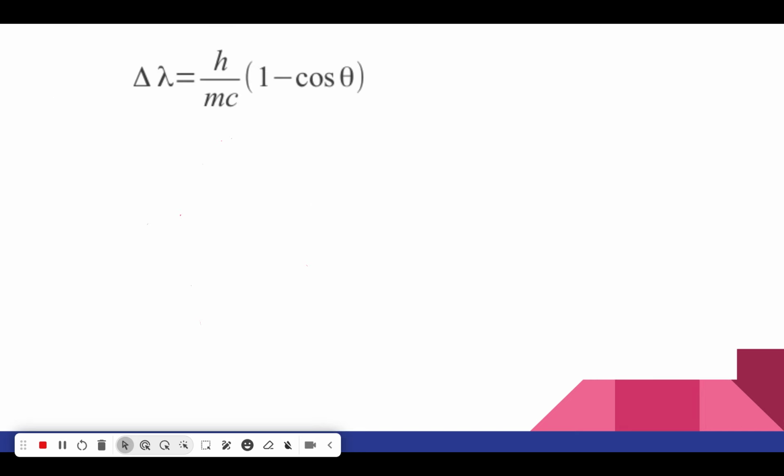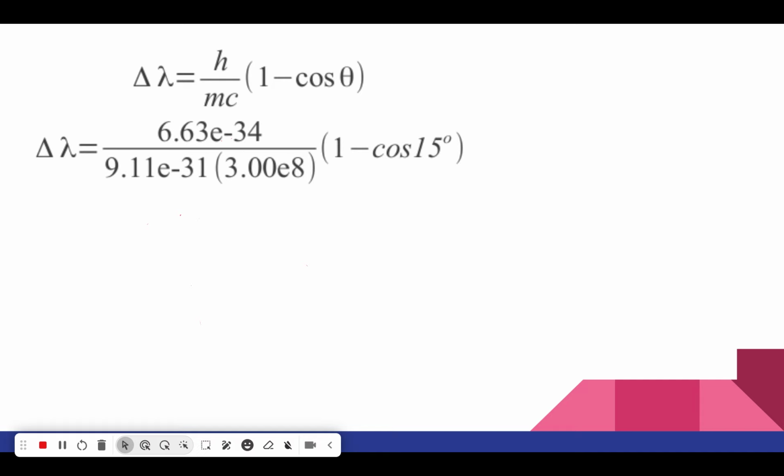So we'll grab this formula for starters and get ready to start throwing in all of our numbers. Basically, the h over mc part is just going to be a set of constants. The only thing I really had to put in here was that 15 degrees. What I would suggest is do all of the stuff outside of the brackets first.